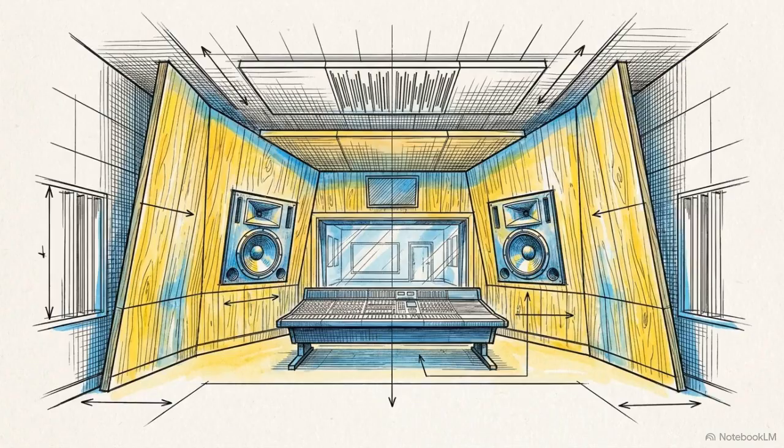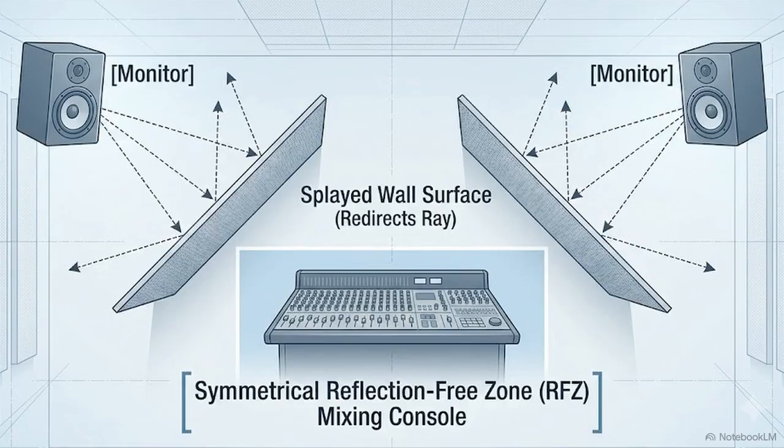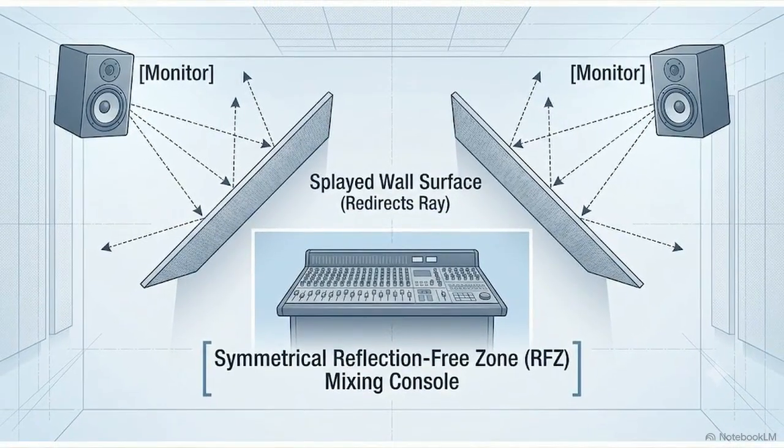In high-end studio design, acousticians often avoid heavy absorption by using geometry to redirect sound. In these rooms, the front walls and ceiling are built at mathematically calculated splayed angles, rather than being parallel. These angles act like billiard cushions, deflecting early sound rays wide so they pass the engineer's ears and head toward the back of the room.